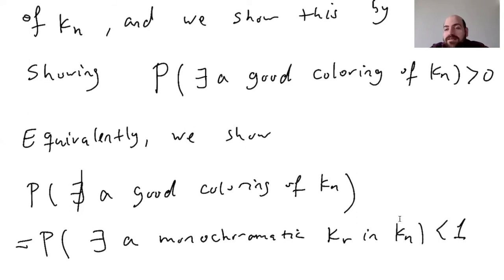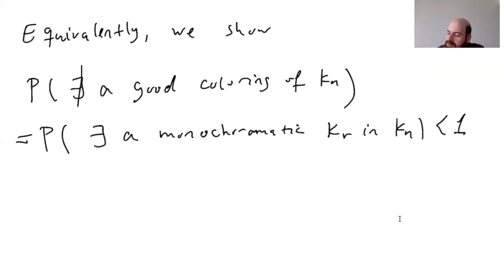There does not exist a good coloring means there exists a monochromatic Kr, because a good coloring, we defined to be the event that there does not exist a monochromatic Kr. Okay, so let's see how we can show this.